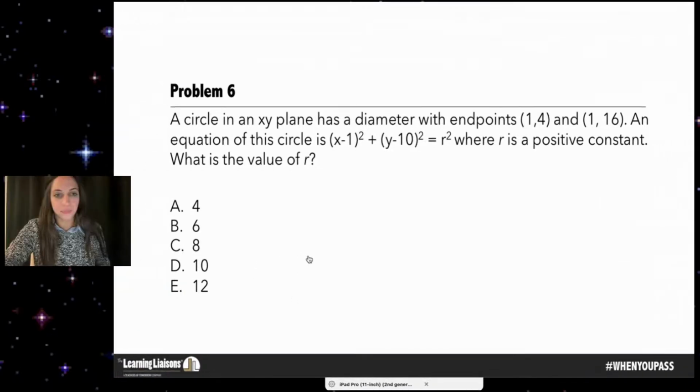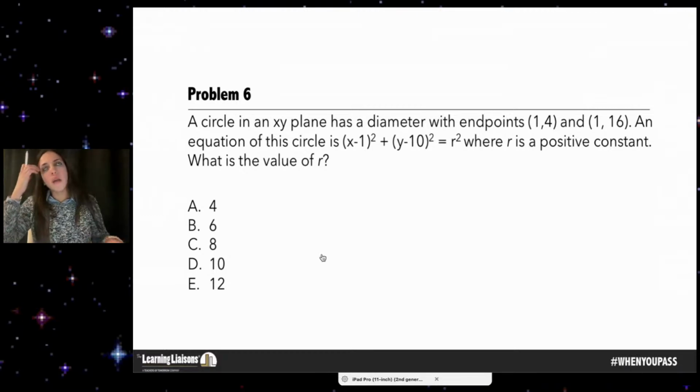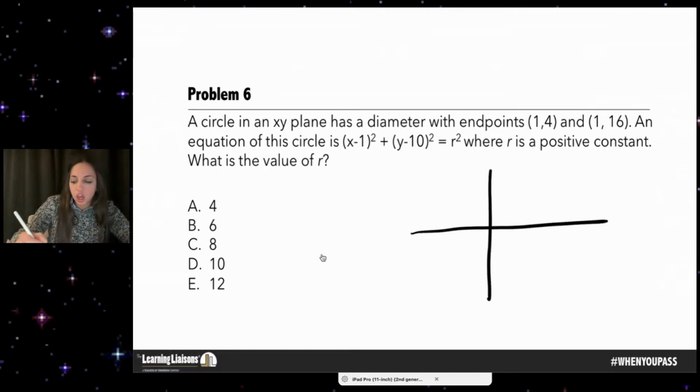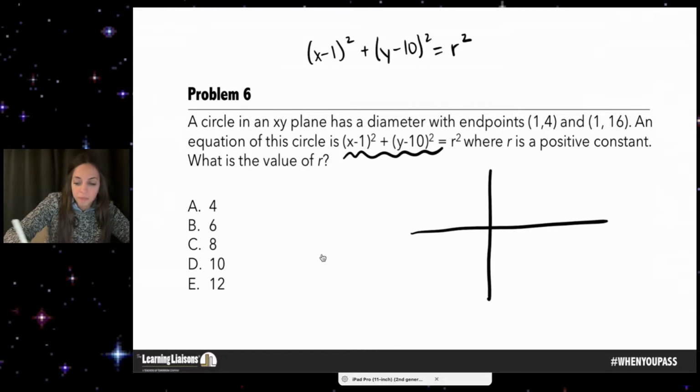All right. So there's a couple of different ways that we can approach this. We can rough sketch this graph. So let's go backwards. Here's the equation. And in an equation of a circle, this is the center of your circle right here.